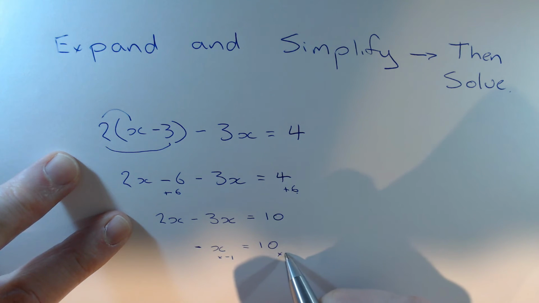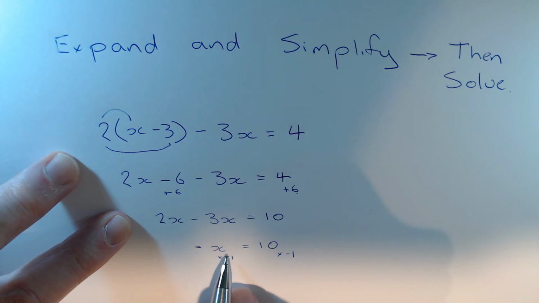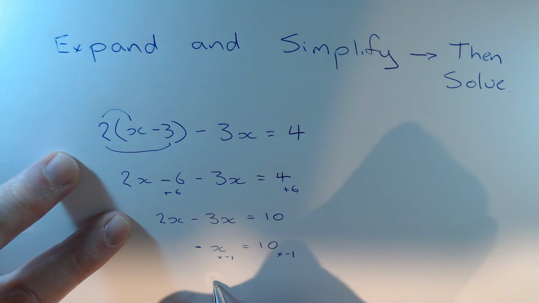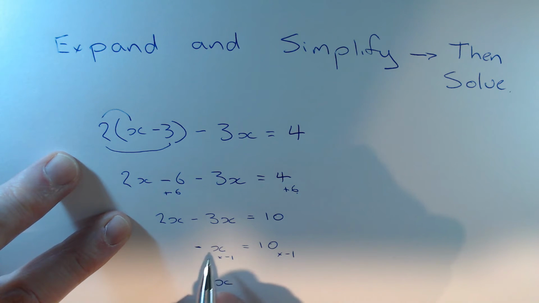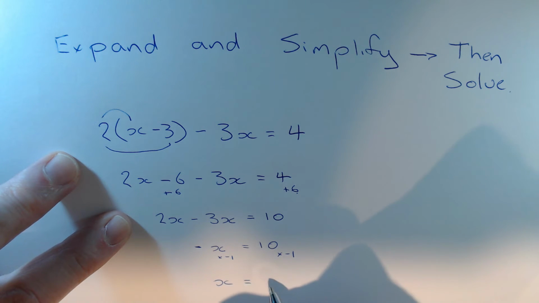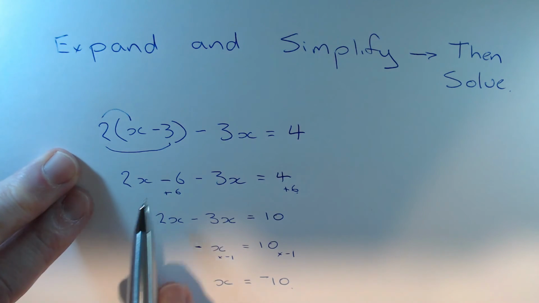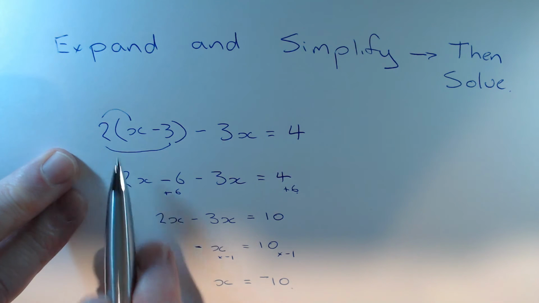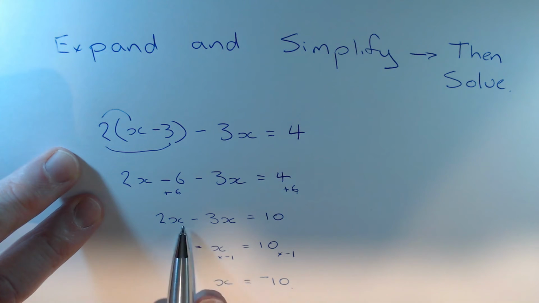Whatever we do to the left side we do to the right side. Multiplying minus x by minus 1 gives x, and multiplying 10 by minus 1 gives minus 10. So our process was expand the brackets, simplify by grouping the like terms, and then solve for x.